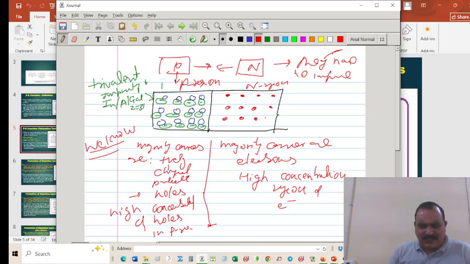But here, this region is the n region, which has the pentavalent impurity, for example your arsenic, phosphorus, antimony, Sb.